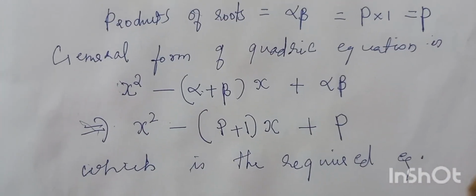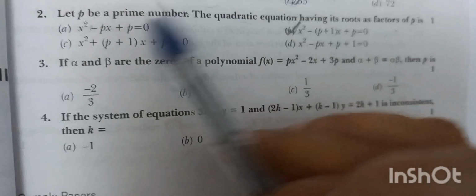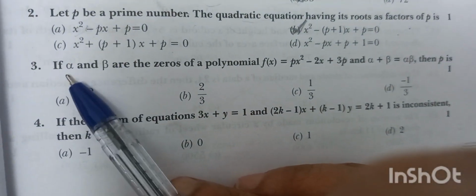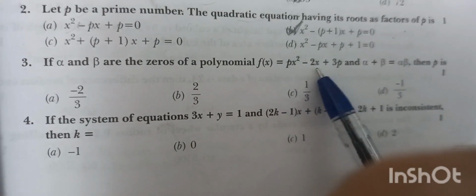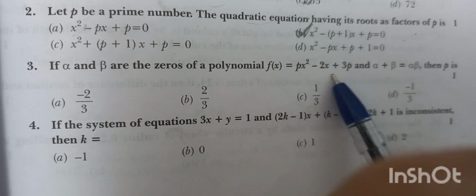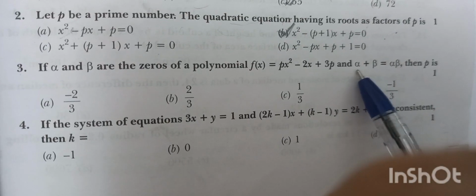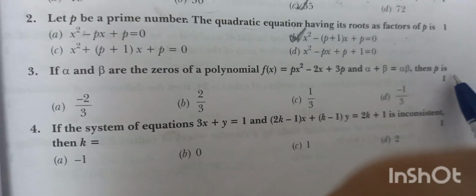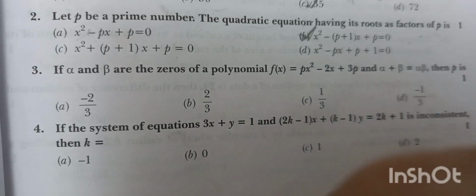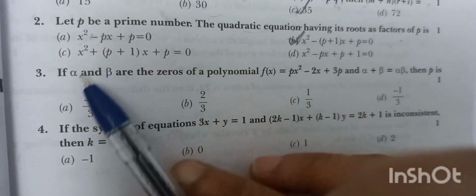Is it clear for you? Question number 3. If alpha and beta are the zeros of the polynomial f of x is equal to p x square minus 2x plus 3p and alpha plus beta is equal to alpha beta, then p is dash. What is given?